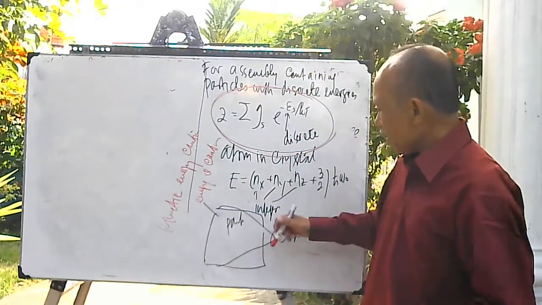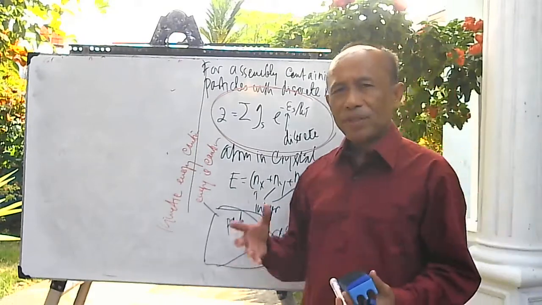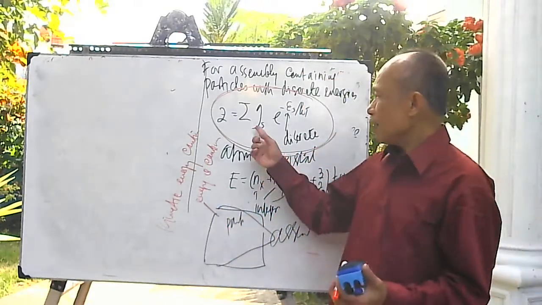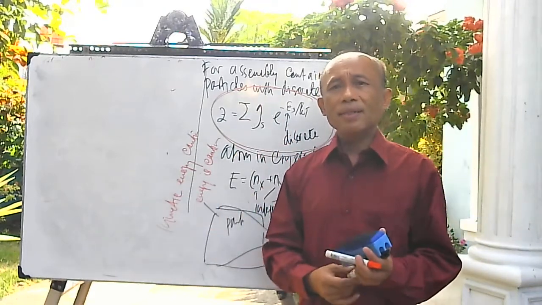So, for an assembly containing particles with continuum energy, we can transform this summation into the well-known integral.